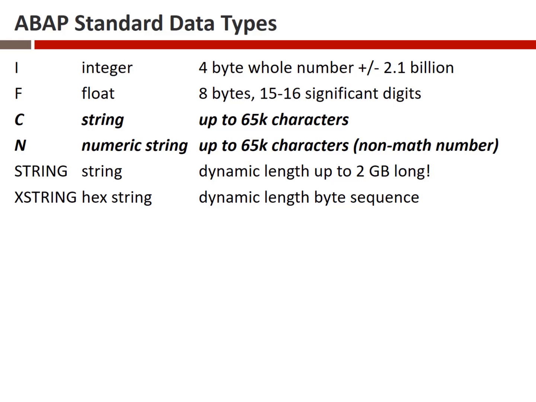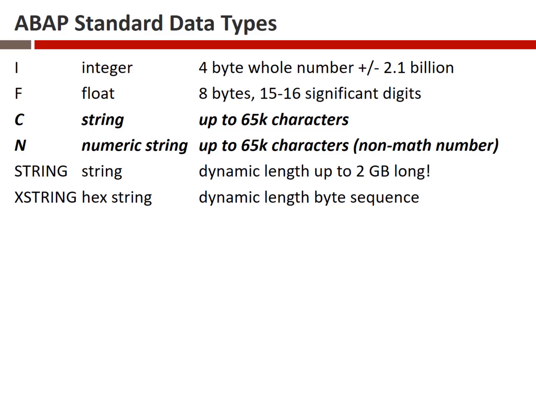X string is a hexadecimal string. So this is a dynamic length byte sequence. Same size as the string, 2 gigabytes long, but notice here, as opposed to a string, which is simply alphanumeric characters, an X string could actually store like a photograph or some other kind of file that might not strictly contain alphanumeric characters.